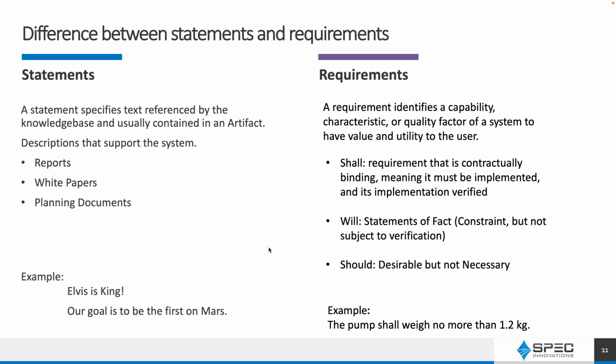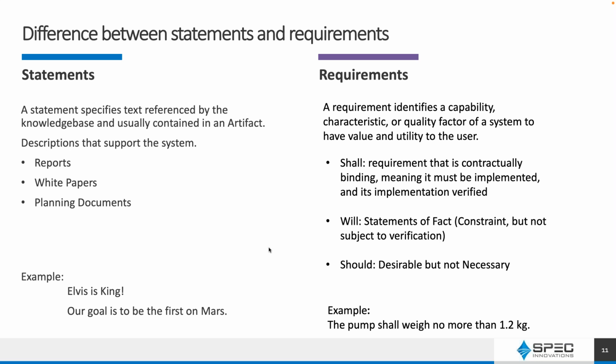One of the things we differentiate in Innoslate is between statements and requirements. Statements are meant for contextual information. You're capturing things that are things, and it can be things like goals as well. That's a higher level kind of thing.